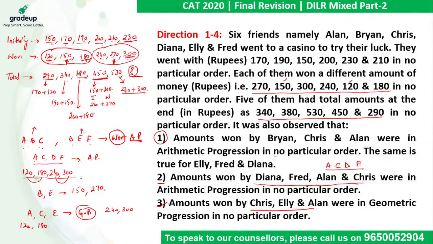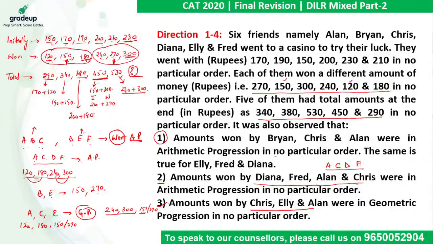The value with E we already know is going to be one among 150 and 270. So if I take 120, 180 and 150, or 270 instead, likewise here either 150 or 270. We need to figure out in which case we get a GP. Among these values, two are fixed.